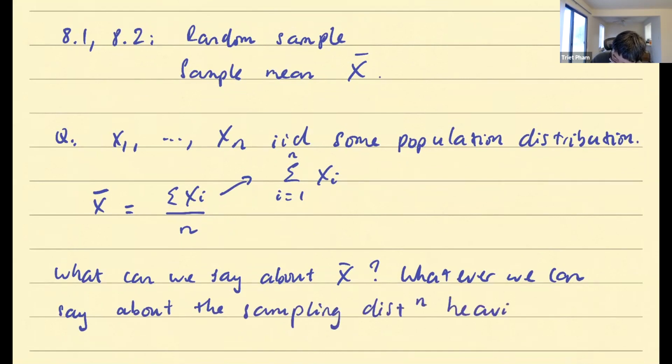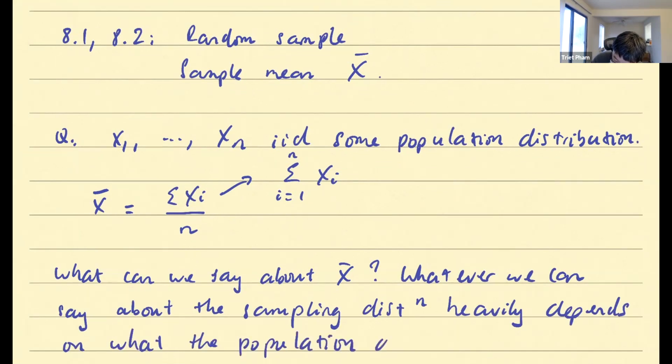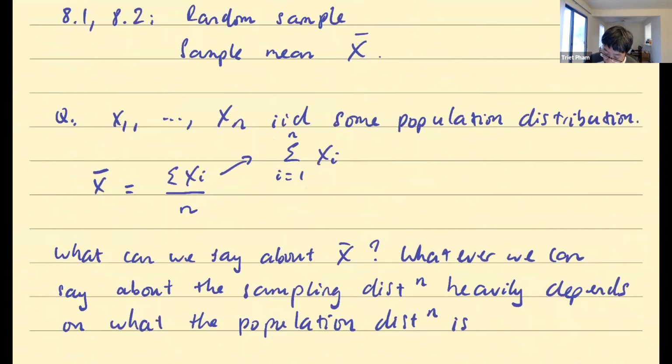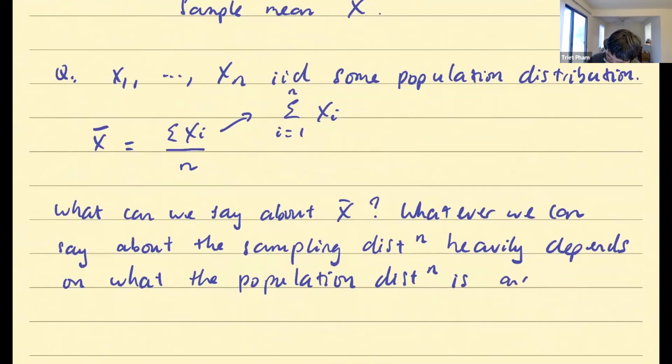In other words, your model. If you make an easy assumption, then the conclusion is easy. If you make a complex model, then the conclusion is harder. And also the structure of the statistics.